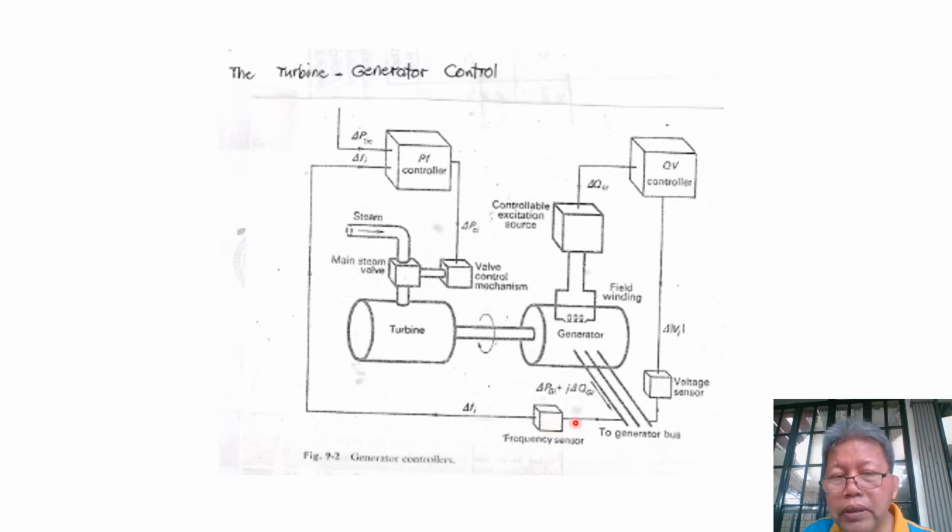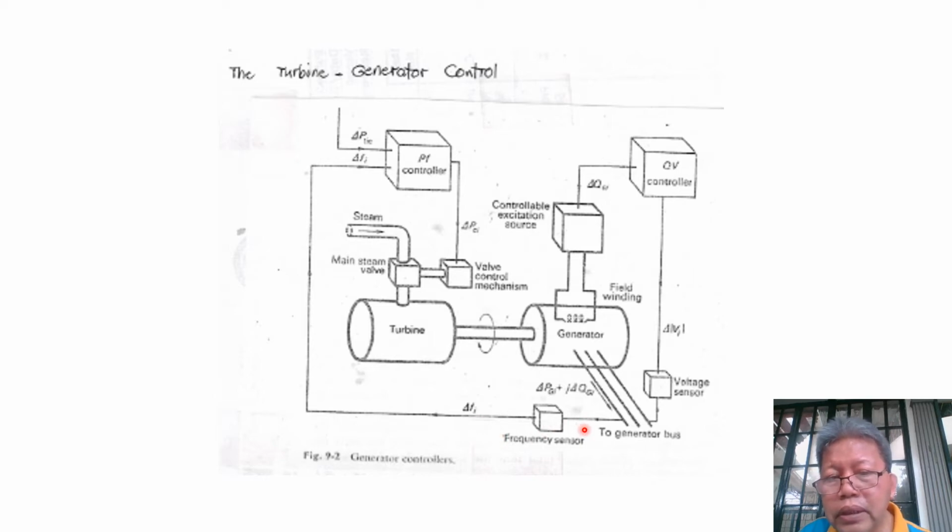Now, any difference, whether positive or negative, will be the output of this frequency sensor. For example, the frequency here is 59 hertz and the standard is 60. So, this delta F here is the actual minus the standard. So, it is 59 minus 60 hertz. So, we have here a negative delta Fi.